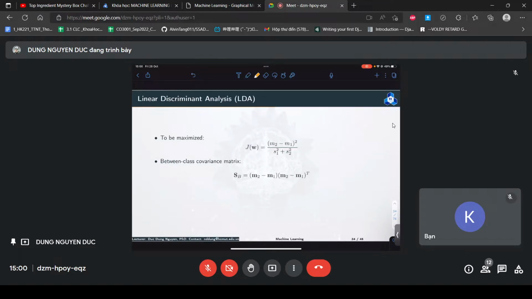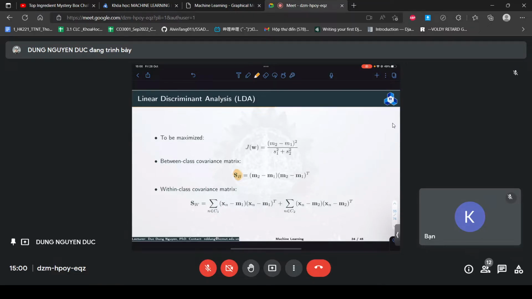So we define something called the covariance matrix. This is the between-class covariance matrix, and it measures the covariance between the two classes together. We call it S_B, and we have another covariance matrix called the within-class covariance matrix, S_W.